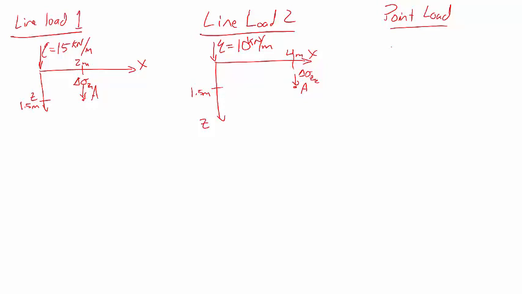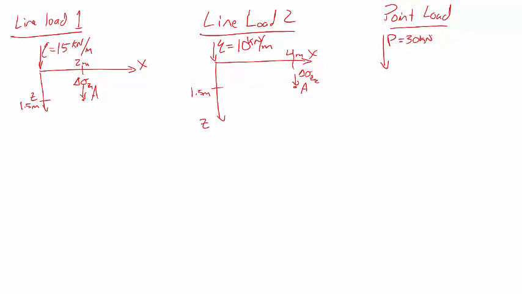And so the point load is something we need to look at from a three-dimensional perspective. So P exists at some location along the ground surface. It has a magnitude of 30 kilonewtons.